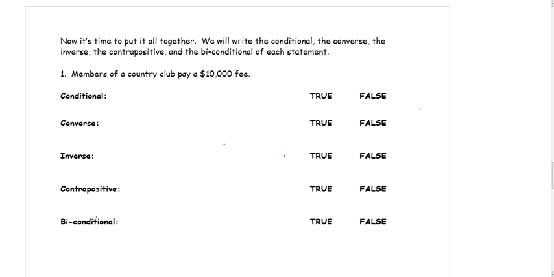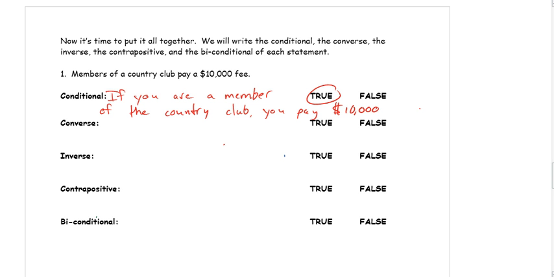So you can write the conditional: if you are a member of the country club, you pay a $10,000 fee. Right? And again, we're going to assume that the conditional is true. Anytime you're given a conditional, you're going to assume it's true and then go from there.